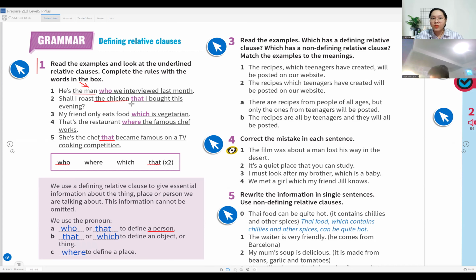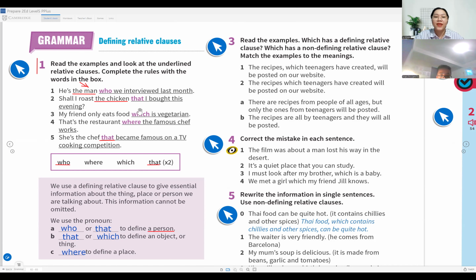Which chicken? So we will use the defining relative clause to give more information about it. So in general, the defining relative clauses here tell us exactly which person or thing we mean. So without it, the sentence wouldn't make full sense. Is that okay?